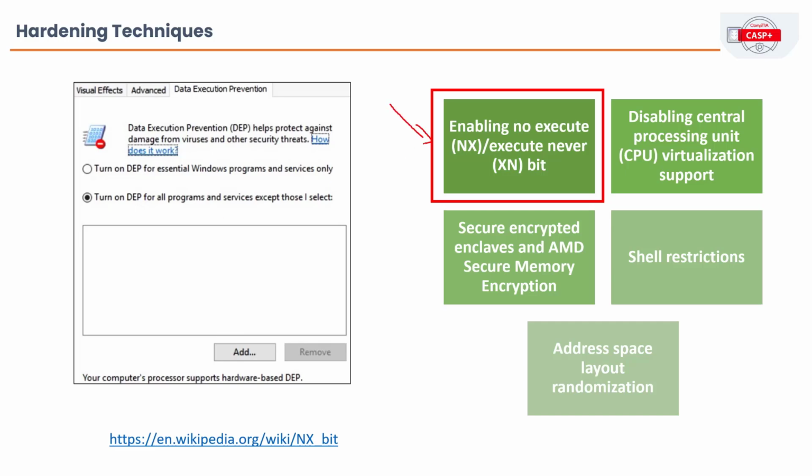Next is enabling the no-execute, or NX, bit. It is also important to check that built-in security is turned on to provide defense against this attack vector for any system hosting applications that could be susceptible to attacks against the system memory.